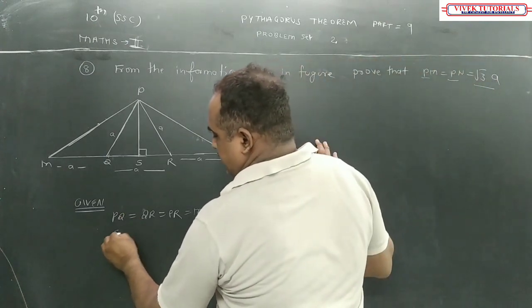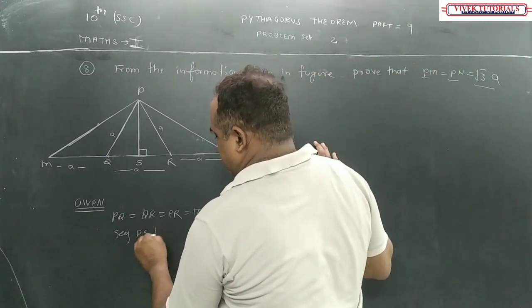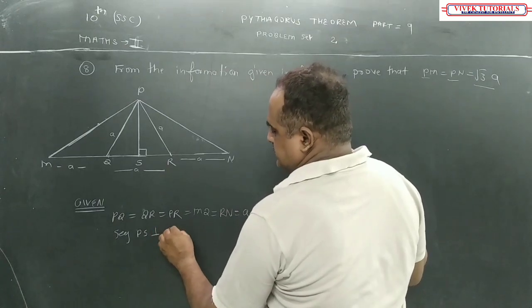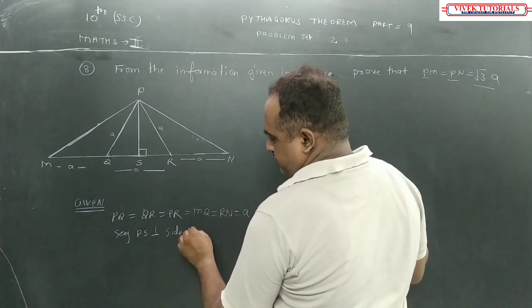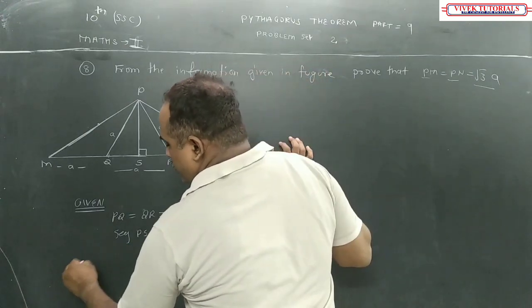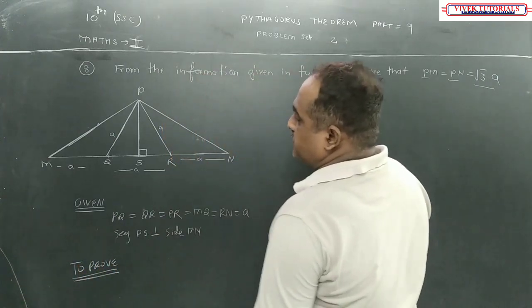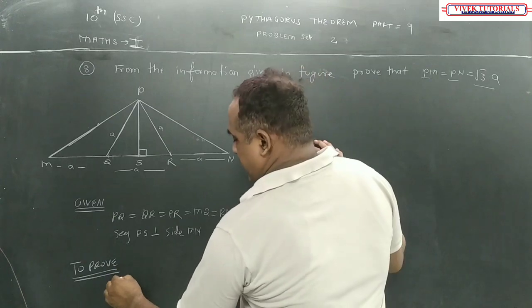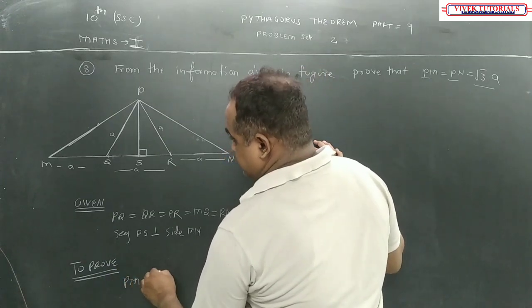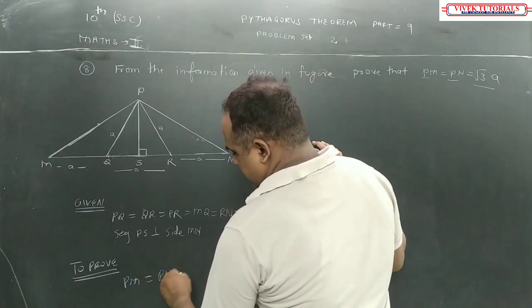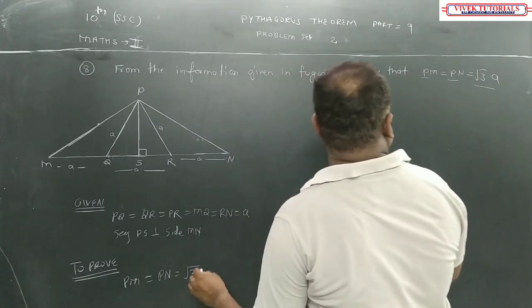Then segment PS is perpendicular to side MN. And what we are going to prove is PM is equal to PN is equal to root 3 a.